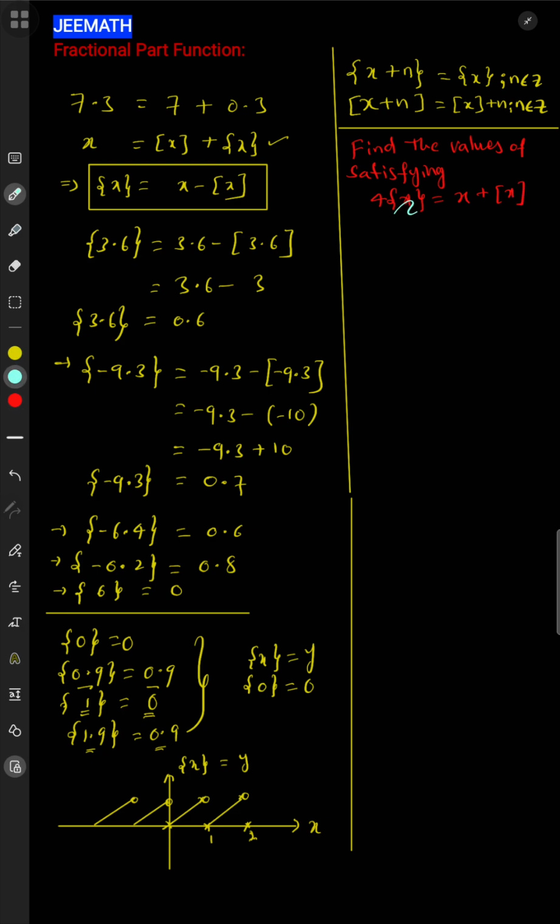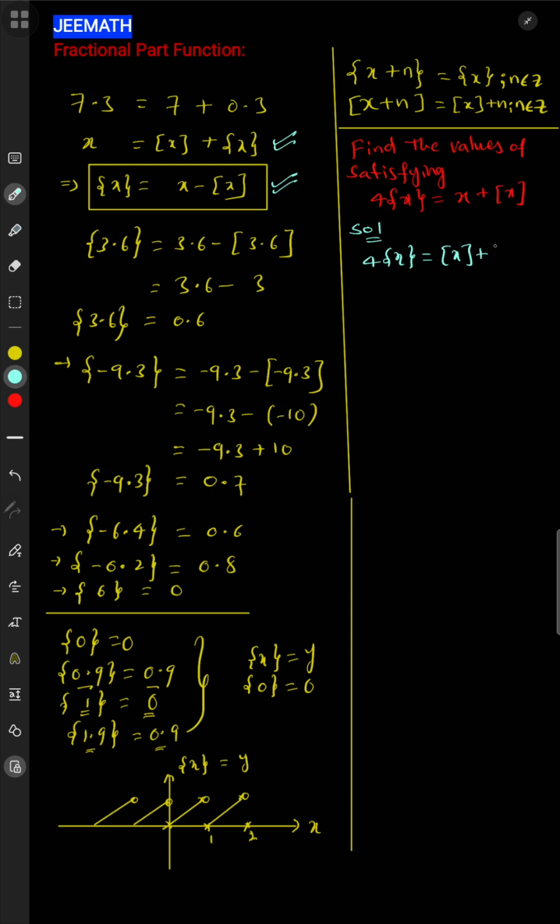Now listen here. 4 times the fractional part of x is equal to... this x can be written as what, from this basic equation? x can be written as step x plus the fractional part of x.